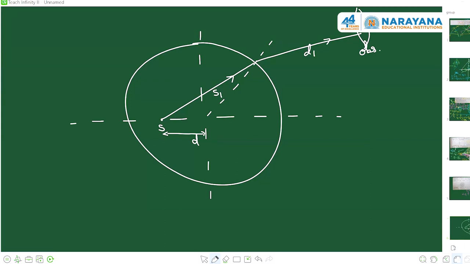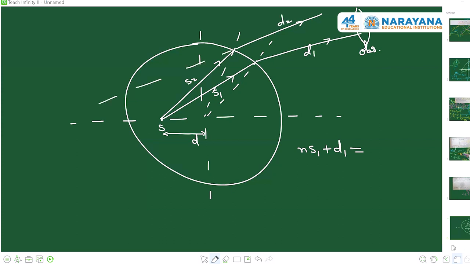So the optical path length here is nS1 plus D1. That will be equal to, if I take the second ray within the medium and it travels a distance of S2, it comes out at some angle and it travels some D2, and let me extend it like this. So we understand that for them to form a single image, nS1 plus D1 should be equal to nS2 plus D2. That is my equation number 1.